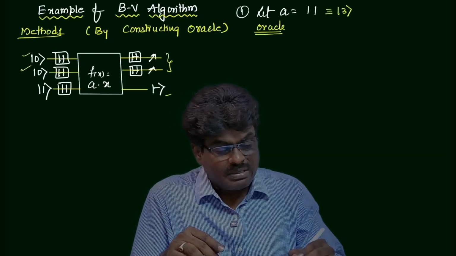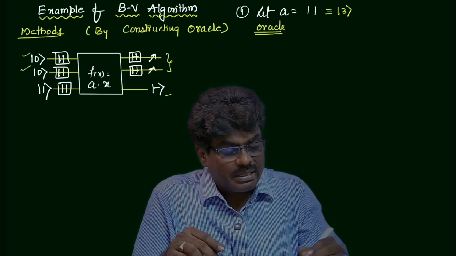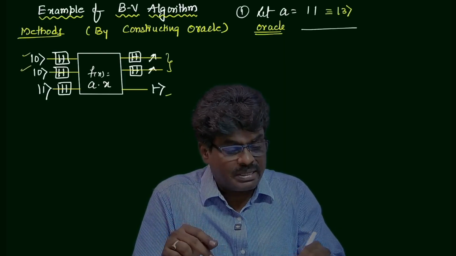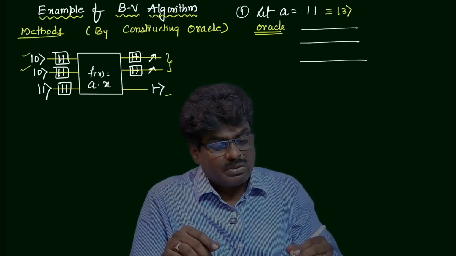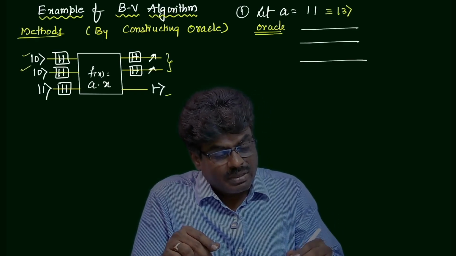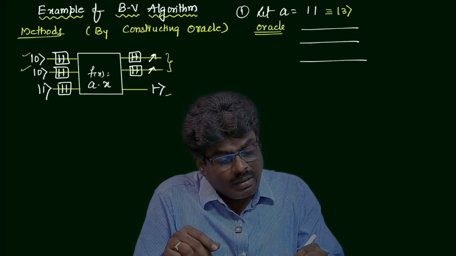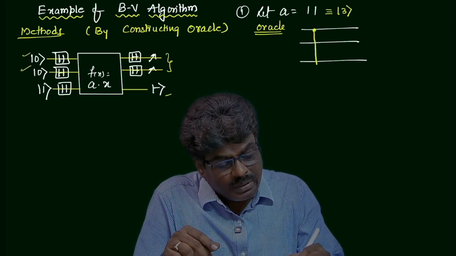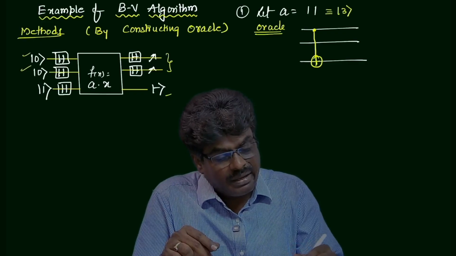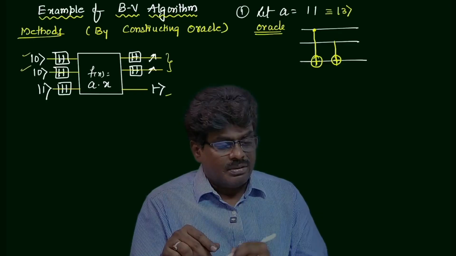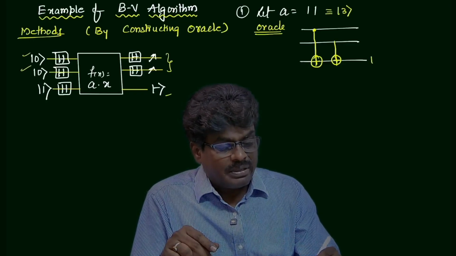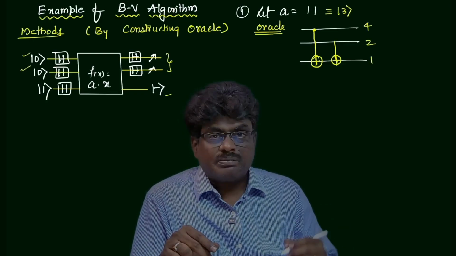So what is the oracle? There are 3 qubits, with the controls on the first two qubits and the target on the third, since a is 1 1. In decimal state notation the qubits are 1, 2, 4.